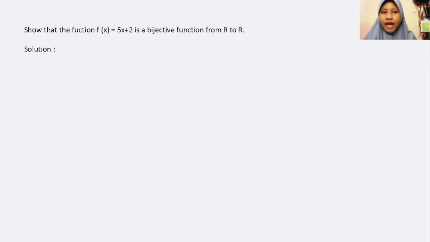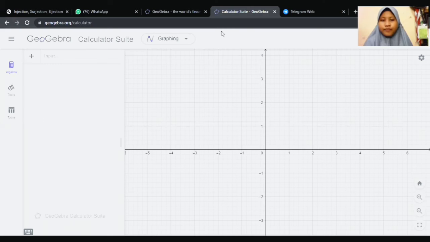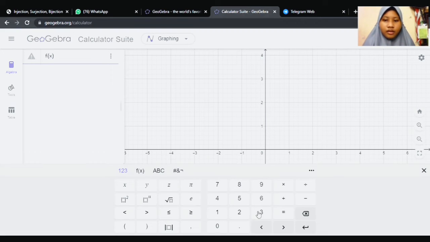And the second function, I have a function. Let the function f: N to N be given by f(x) equal to 2x. Now I will input the function f(x) equal to 2x.